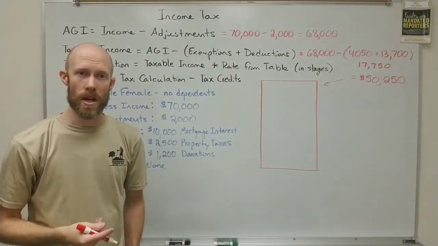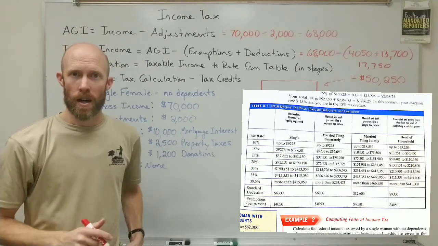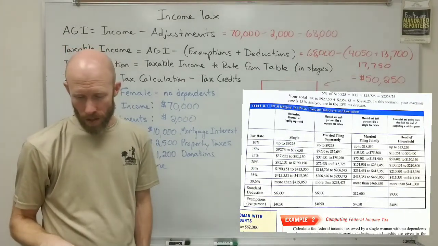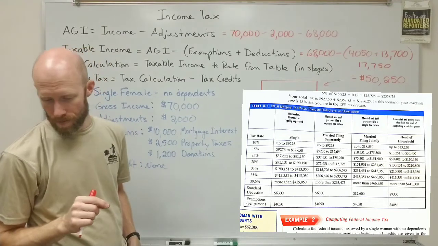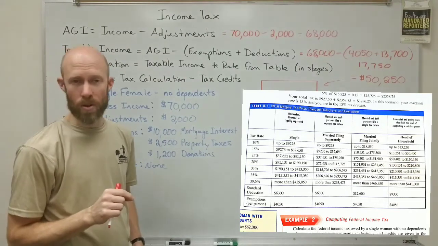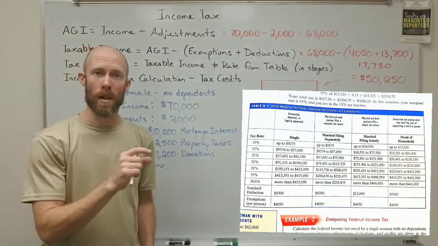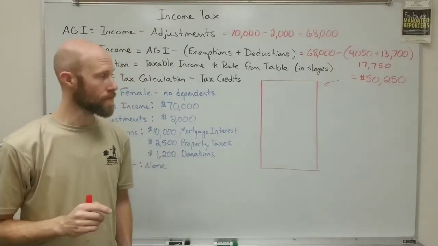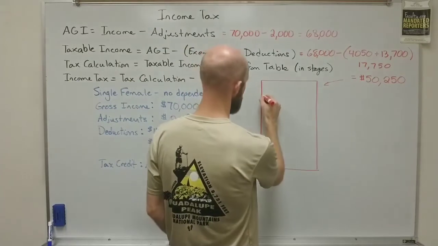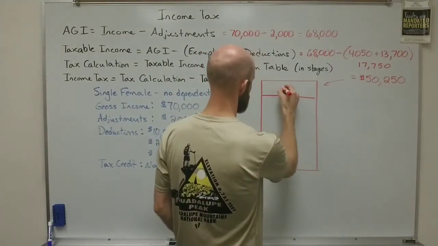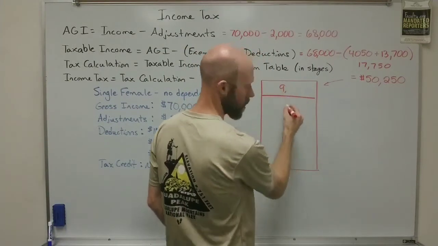Now the table says, and I'll pop the table back in, that for the first up to $9,275, a 10% tax rate is applied to that. So basically you take off $9,000, what was that value?